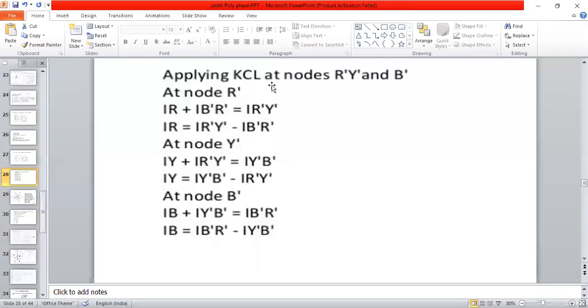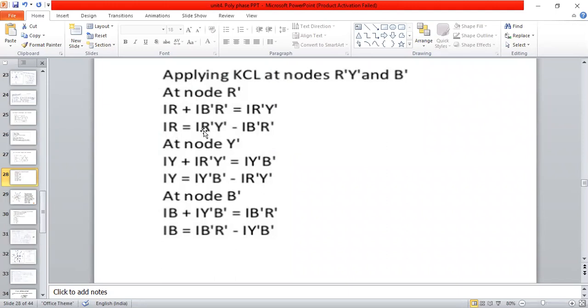Applying Kirchhoff's current law at nodes R', Y' and B', we get these. First, at node R', IR and I B'R' are the incoming currents, equal to I R'Y', the outgoing current. So IR equal to I R'Y' minus I B'R'.